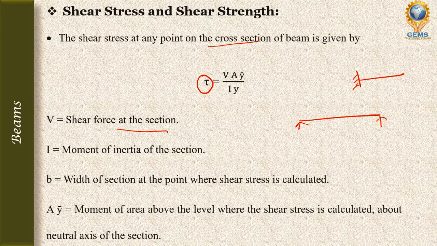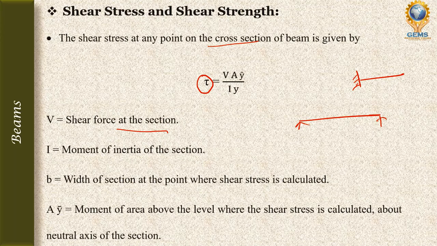Where we are calculating the shear stress, that area, that is the moment of area, we have to consider. Mostly we will consider this moment of area about the neutral axis of the section, and b is the width of the section.